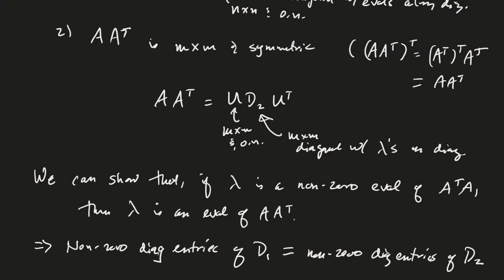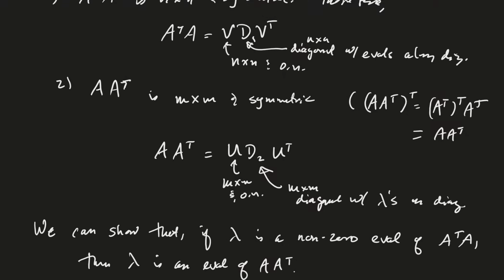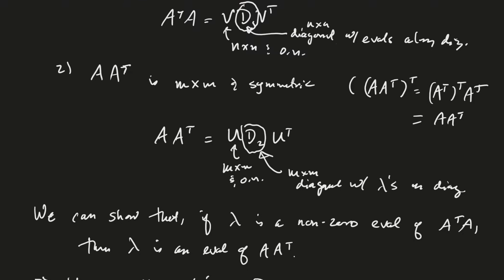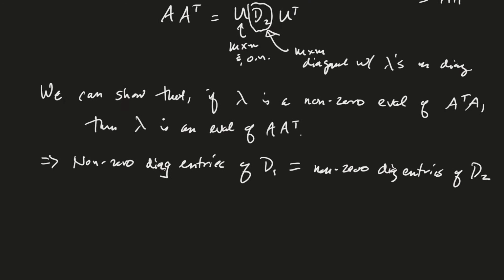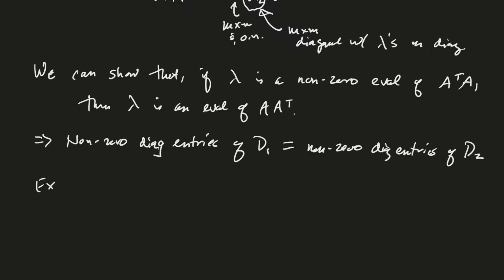It's kind of weird, but just take a look at this for a second. This D1 right here is n by n, D2 is m by m, and what we're saying is they have the same number of non-zero eigenvalues. Therefore, if m is not equal to n, you end up just zero padding for the rest. As a quick numerical example, D1 might be something like 3, 0, 0, 2.